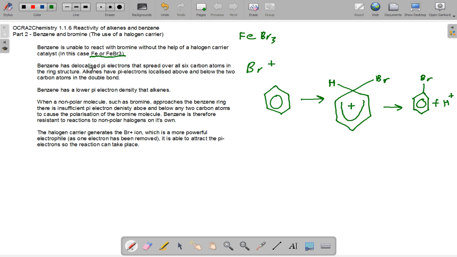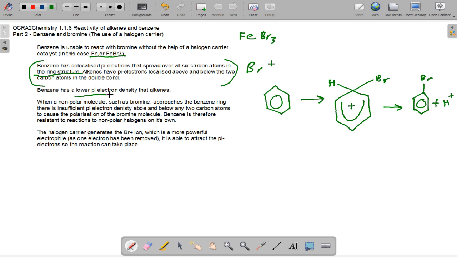Benzene has delocalized pi electrons that spread over all 6 carbon atoms in the ring structure. I bet you're getting bored of this by now. Alkenes have pi electrons localized above and below the 2 carbon atoms in the double bond. But it's important to appreciate this, because it's that delocalization that makes this happen.